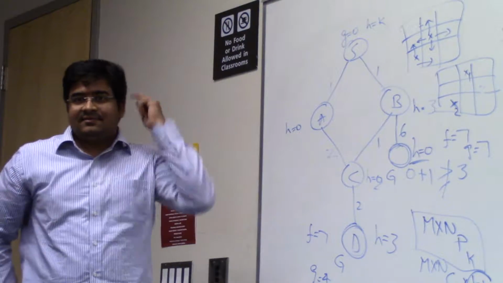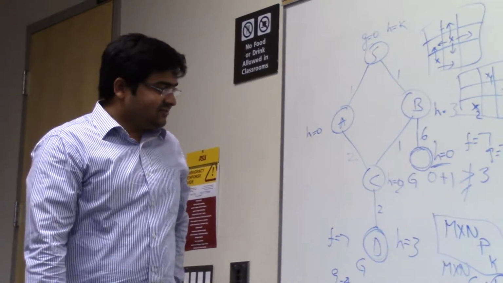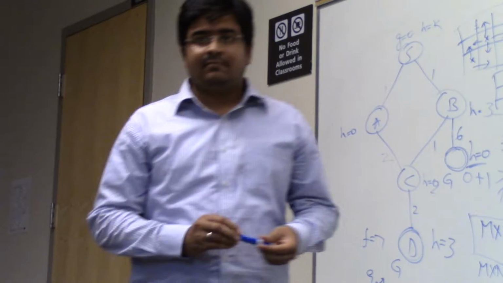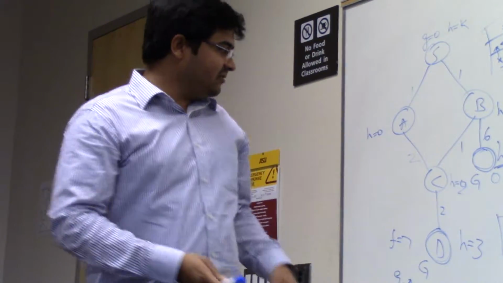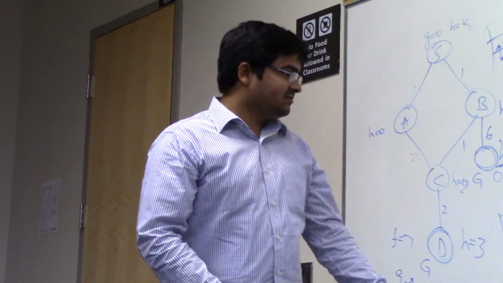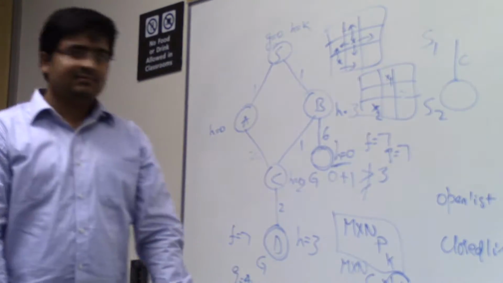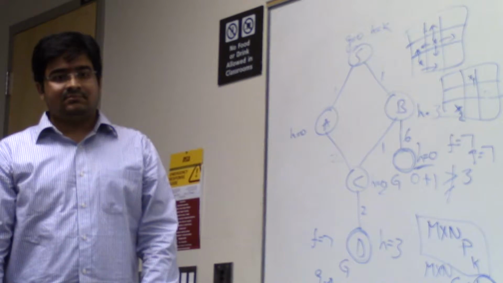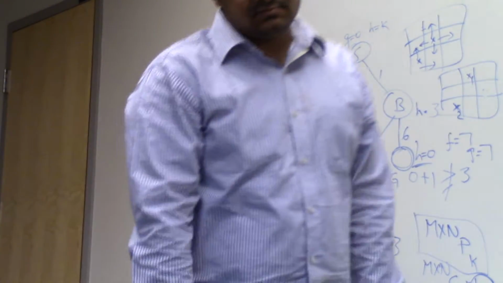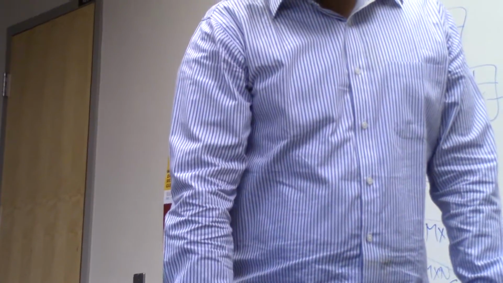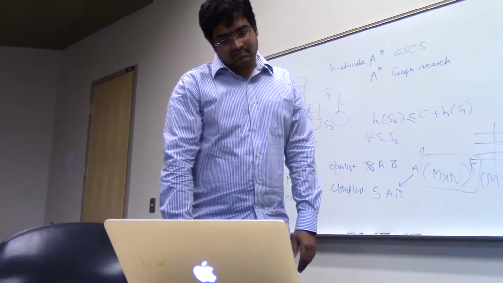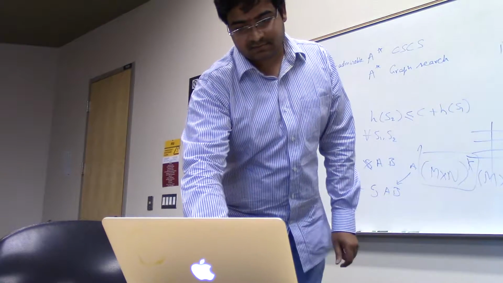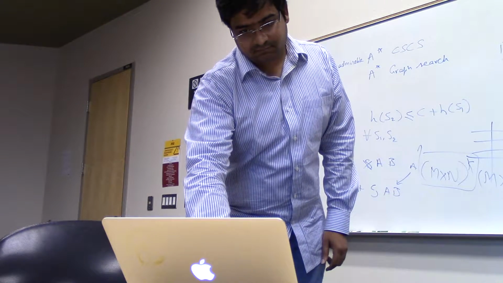Of course, an upper bound is always this, which is mn power k. This will clearly be less than or equal to that. Questions 9 through 11 are all about the same thing.